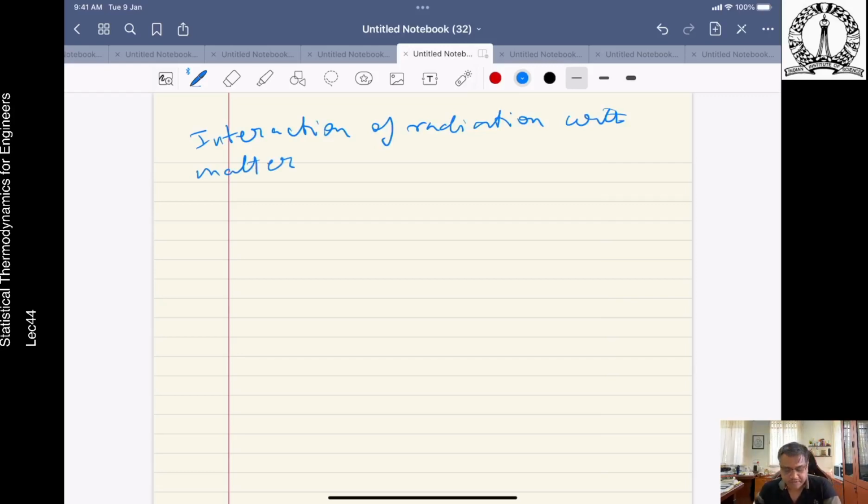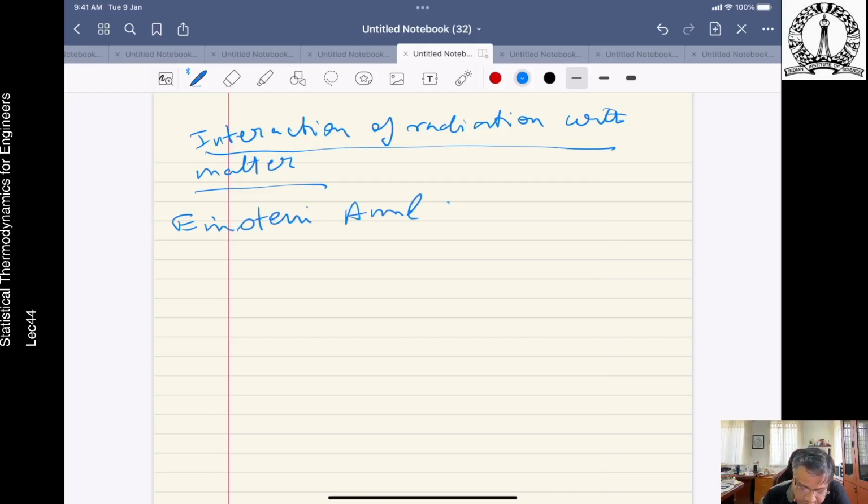Here we first bring in the concept of the Einstein A and B coefficients. We'll see what this means in a second.